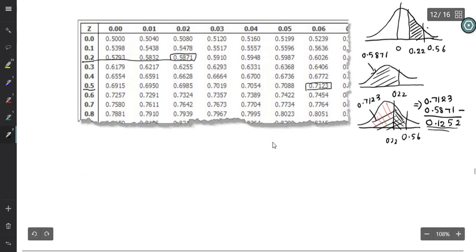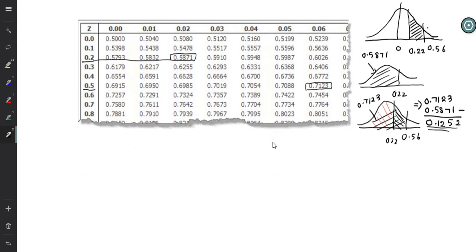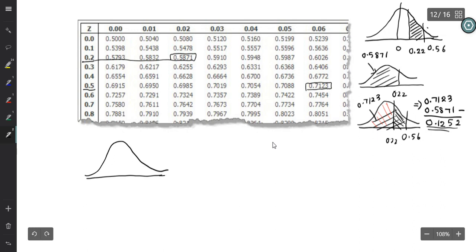Let's try another one. I want the area from 0.6 and 0.8. In between 0.6 and 0.8. So how do you write it? 0.6 less than Z less than 0.8.